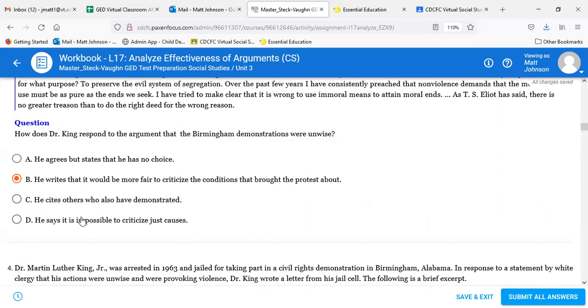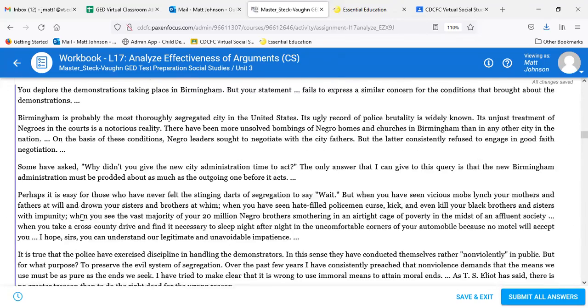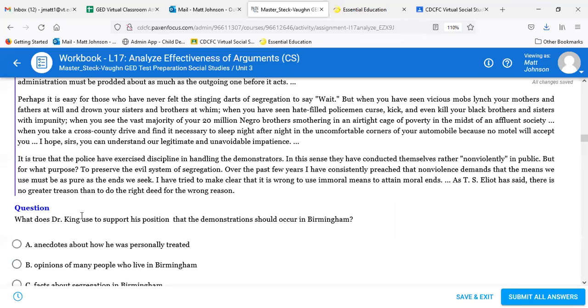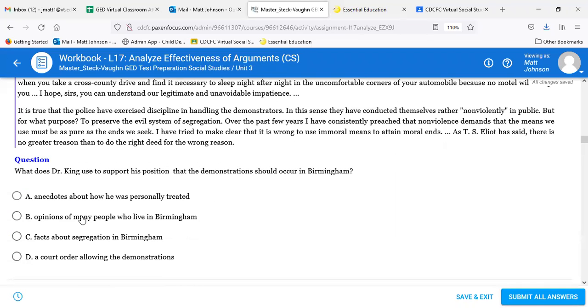And how about Etta? Can we get you to read question 4 for us? Okay. What does Dr. King use to support his position that demonstrations should occur in Birmingham?